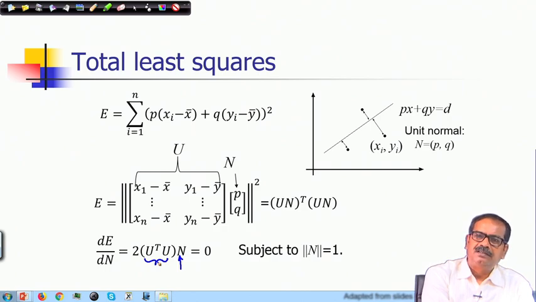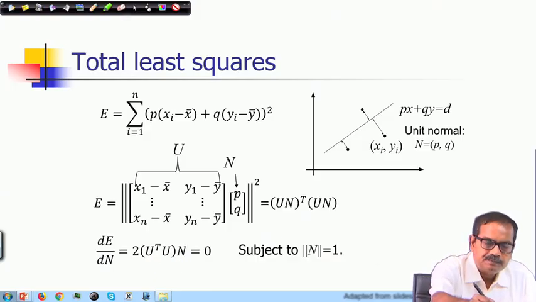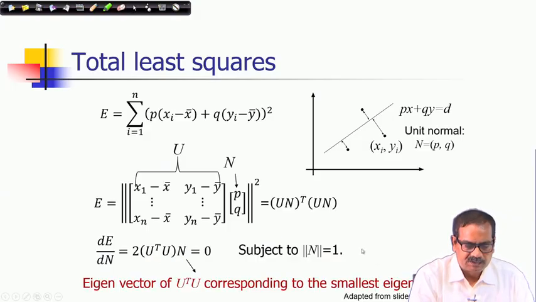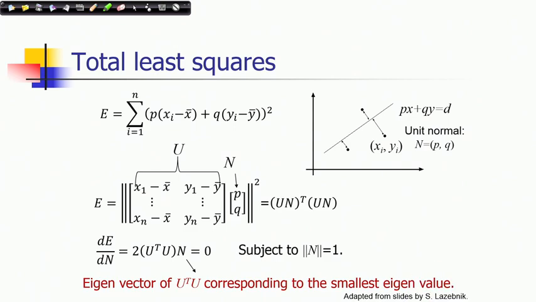One way could be to compute the eigenvalues and eigenvectors, where there will be one value which should give you 0. Ideally it should give 0, but because of measurement noise etc., you should consider that eigenvector which corresponds to the smallest eigenvalue of the matrix U transpose U. So, that should be your solution in this case. This is the eigenvector of U transpose U corresponding to the smallest eigenvalue that you should consider.